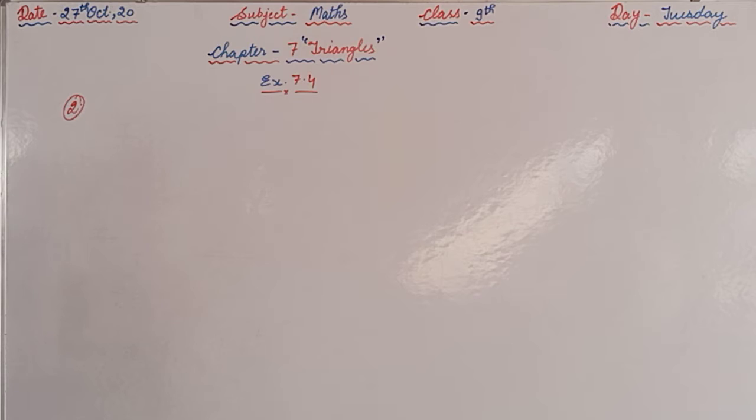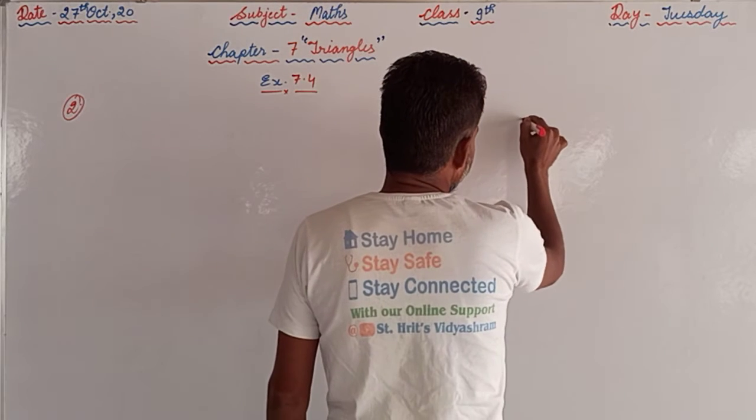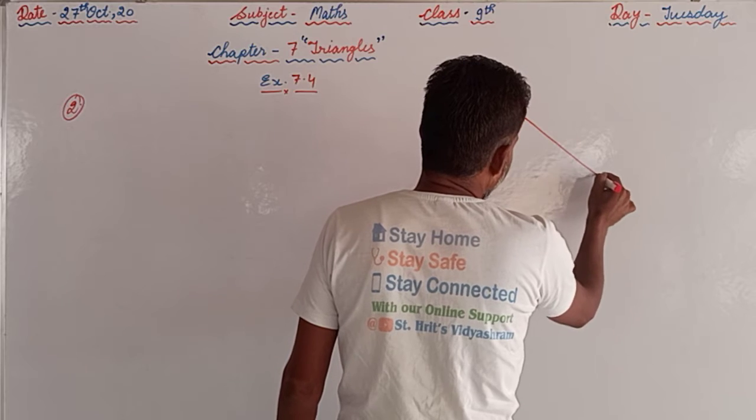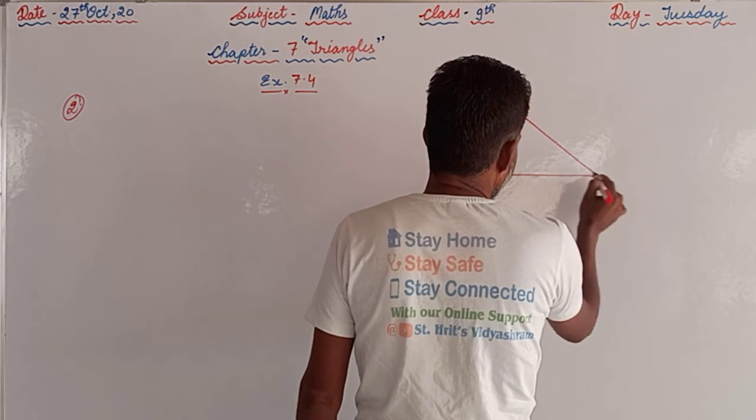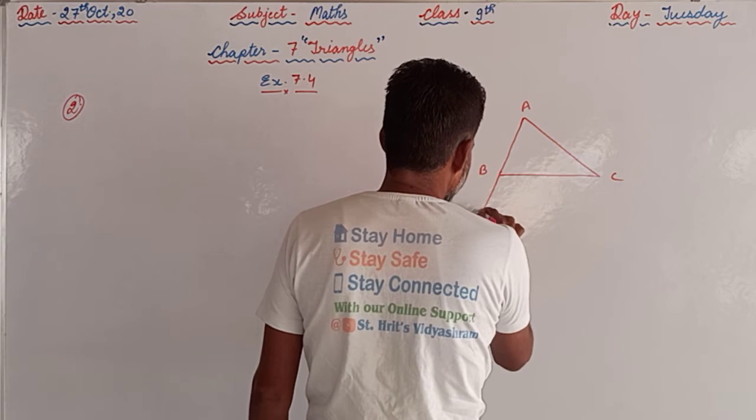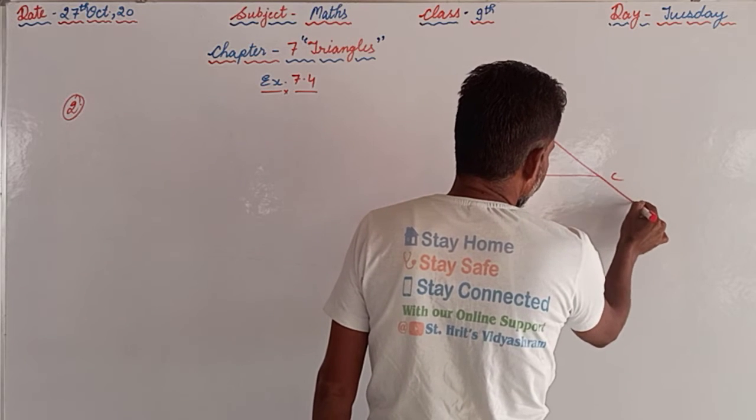The sides AB and AC of a triangle ABC are extended to points P and Q respectively, as shown in the figure. So ABC is a triangle ABC. So that is produced.